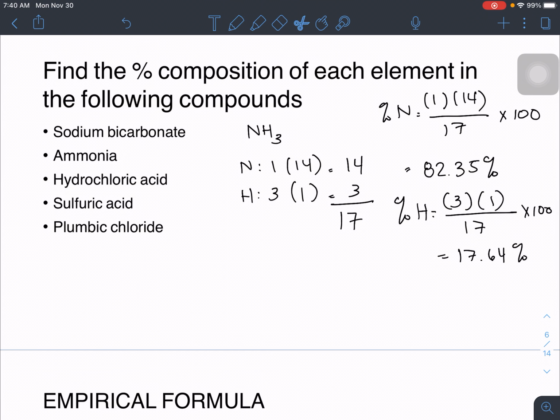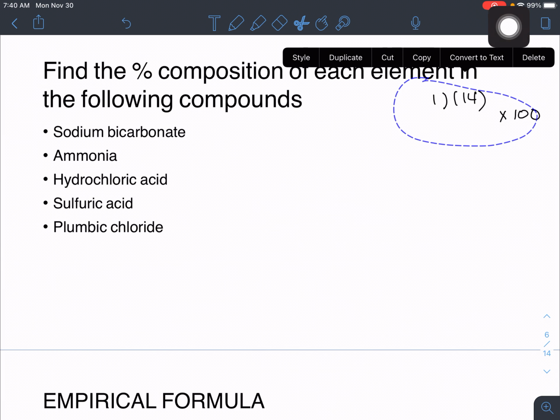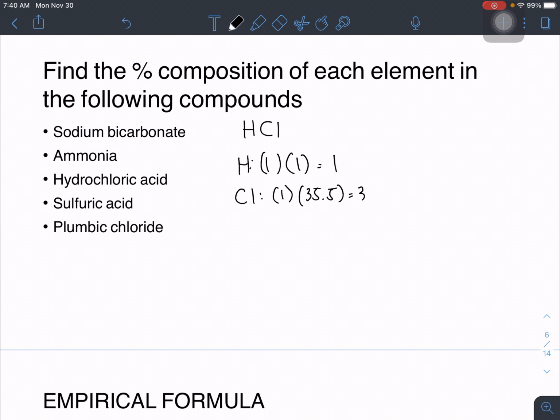Now let's try hydrochloric acid. Hydrochloric acid is HCl. For hydrogen, there is 1 atom multiplied by 1, which is equal to 1. For Cl, there is 1 multiplied by 35.5, which will be 35.5. The total mass number will be 36.5.